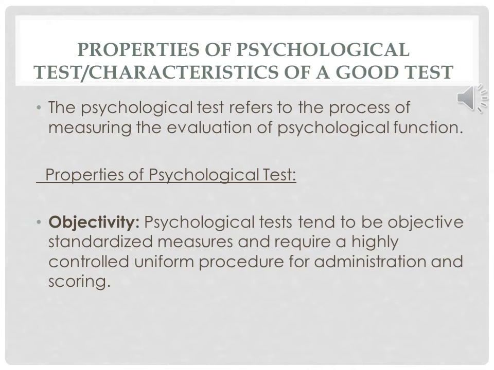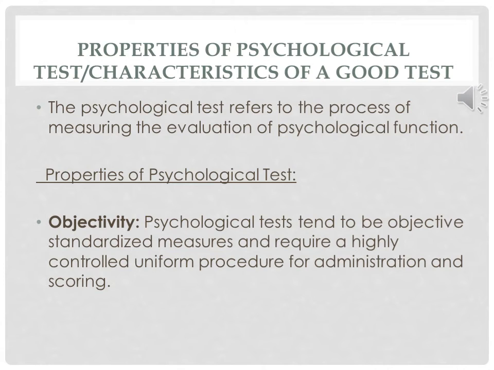The psychological test refers to the process of measuring or evaluating a psychological function. So why is a psychological test done? To measure or evaluate a psychological function within the person. Here we can see some of the properties of a psychological test.